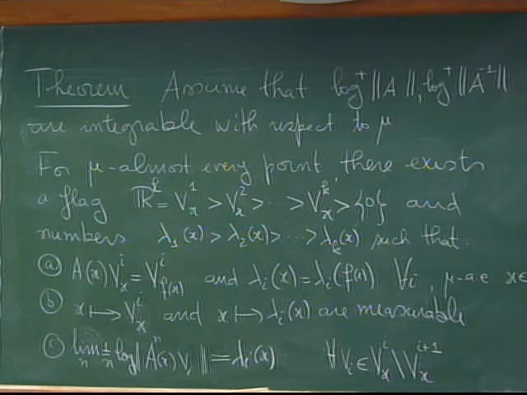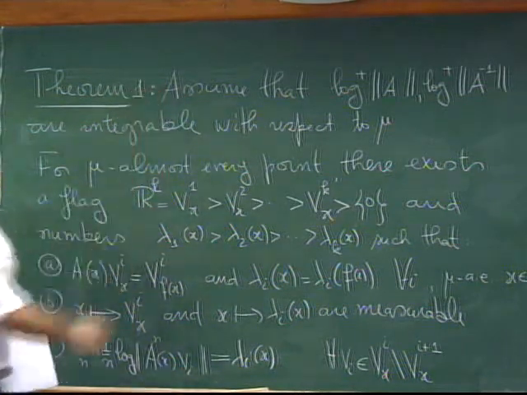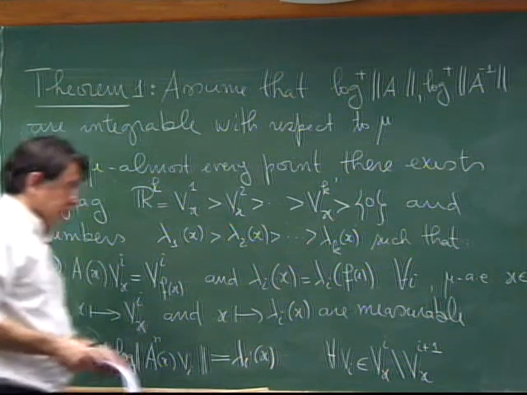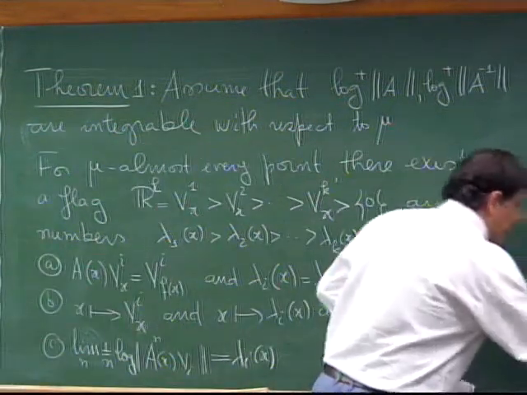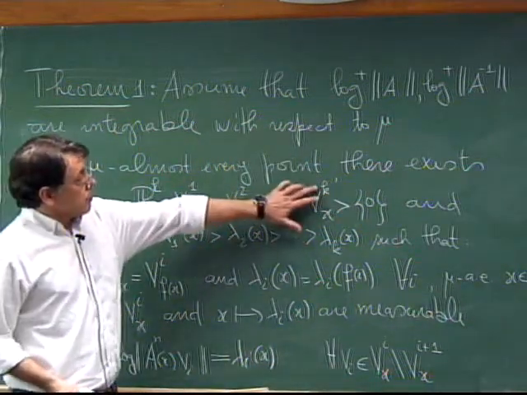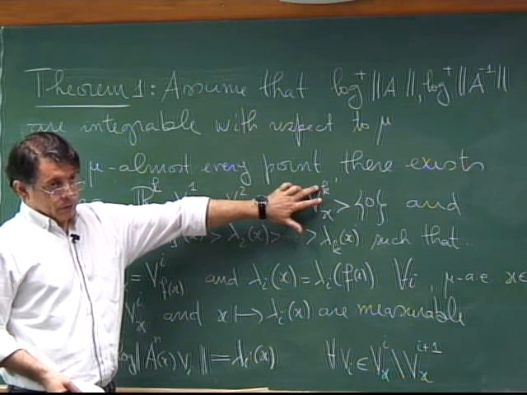So this is the statement of the multiplicative ergodic theorem of Oseledets. Now, there are two things that I have to make a little bit more precise. The first one is that the number k that appears here depends on x in general.